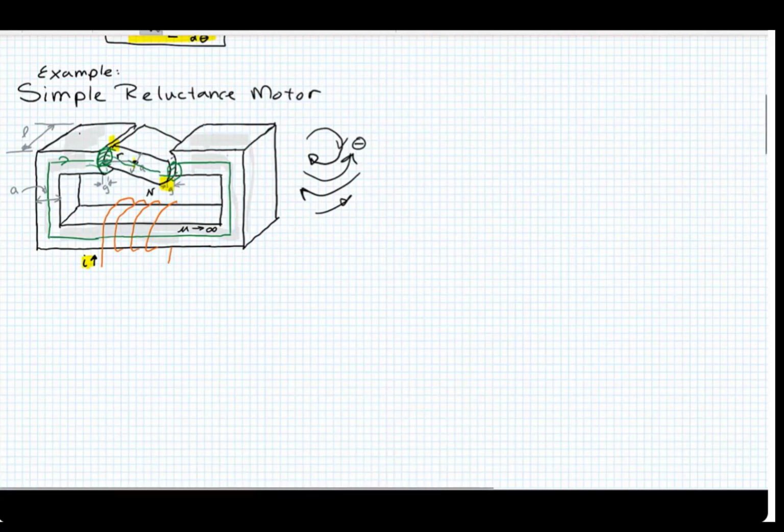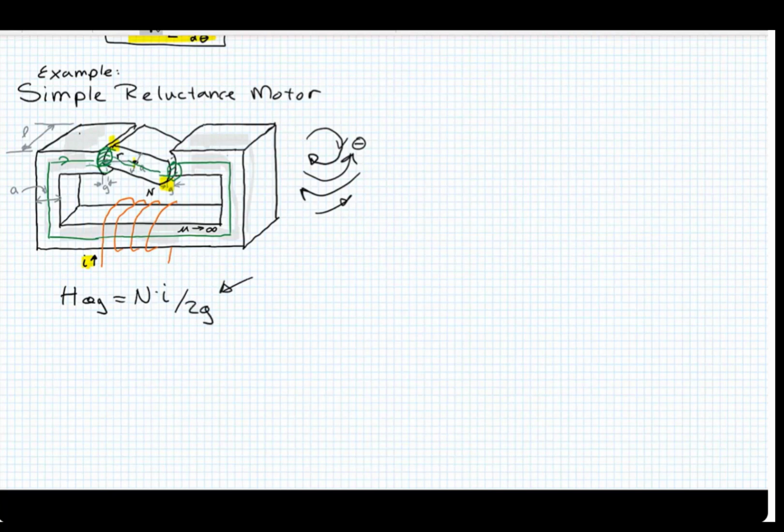And we are therefore only really concerned about the air gap magnetic field intensity. If you were to apply Ampere's law to this circuit, you could find the H in the air gap, and it would simply be equal to the number of turns times the current divided by the total gap. So you're going across the gap twice, 2G.